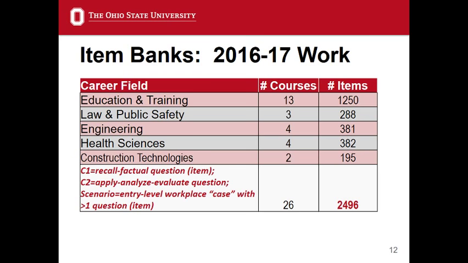The reason for law and public safety was we had only written foundations of firefighting several years ago and wanted to have a package of at least 4 courses, which seems to be a good minimum for any pathway, even a pathway that aims at industry certification and passing the state fire marshal or national registry tests. So in total, about 2,500 items were written.